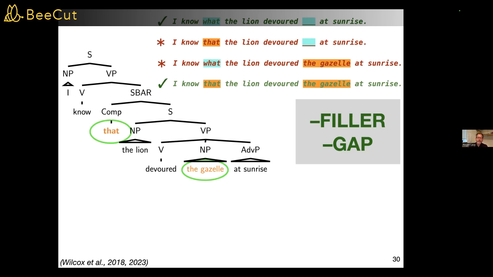So from this perspective, this is what's called a 2x2 interactive design, a factorial design in experimental psychology. And these kinds of controlled designs help us get at the ways in which probabilistic models of language, and LLMs in particular, can and do learn grammatical patterns.